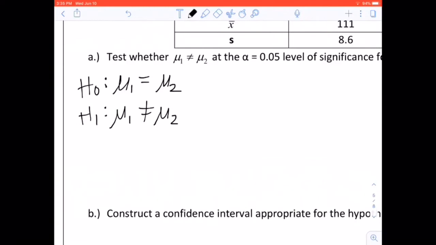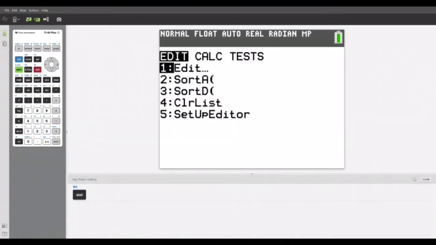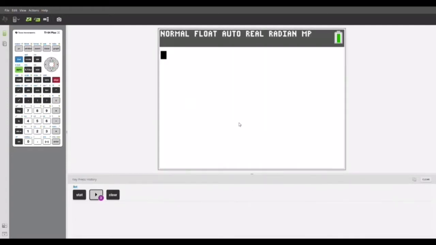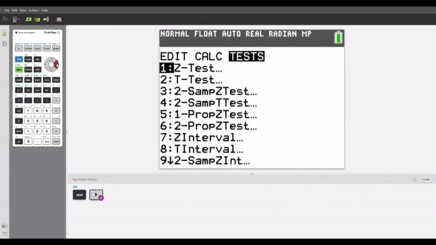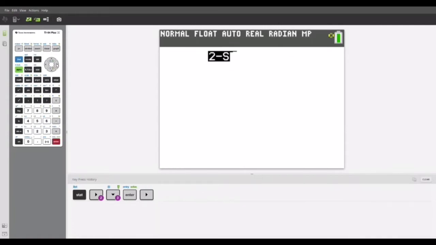In order to do this, we need to use our calculator. On your calculator, you're going to go to stat, to test, to 2-SampTTest, and we are dealing with statistics.